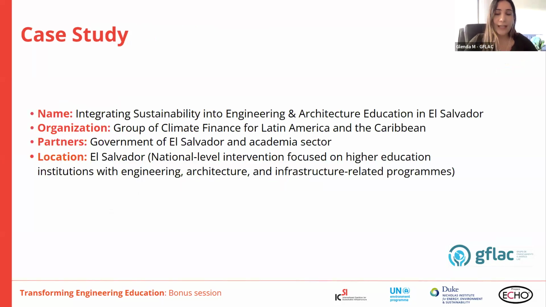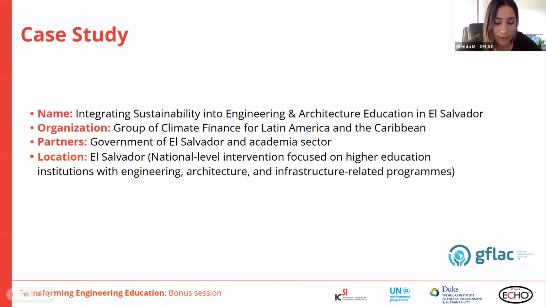So we have the case study overview here. And this initiative is led by the Group of Climate Finance for Latin America and the Caribbean, also known as GFLAC, in collaboration with UNEP. Of course, UNEP gives us the guidance on the technical matters and the methodologies that we are applying.